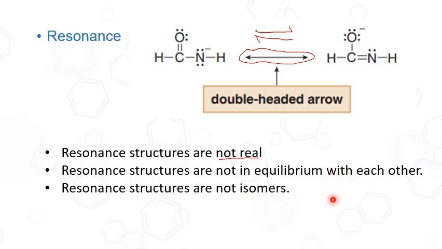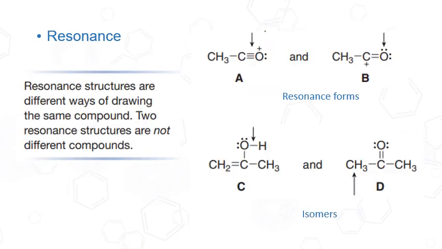Okay, for example, these two valid structures of HCO and H, that's used for resonance structures. Now, resonance structures are just different ways of drawing the same compound. Notice here, for example, structures A and B. Your carbon here is triply bonded to your oxygen.